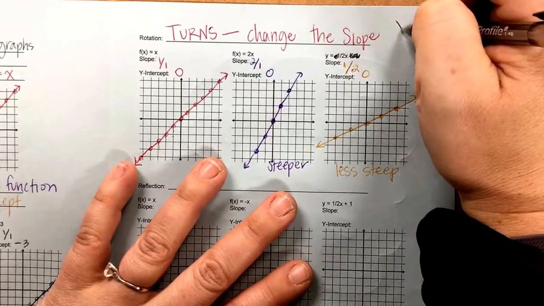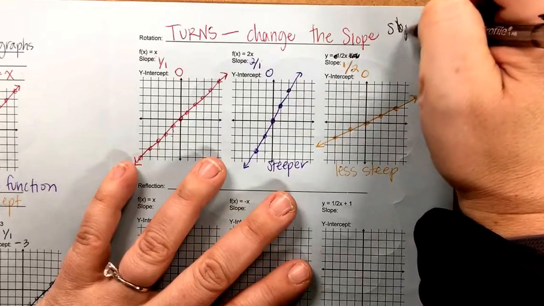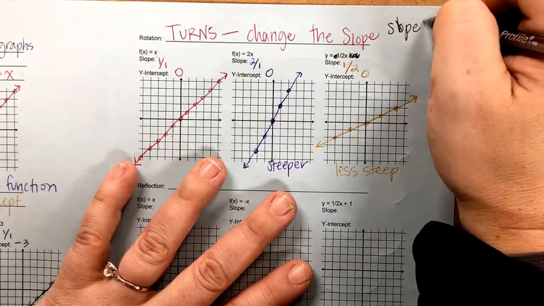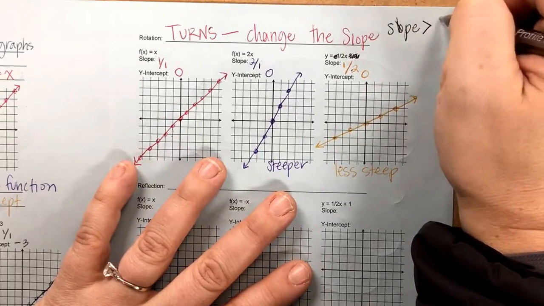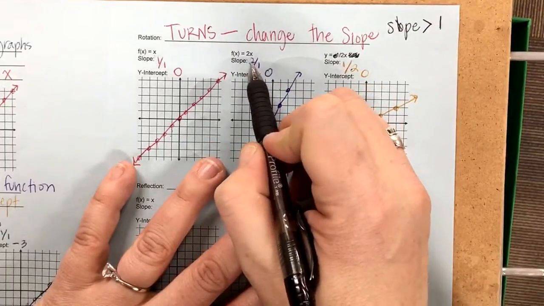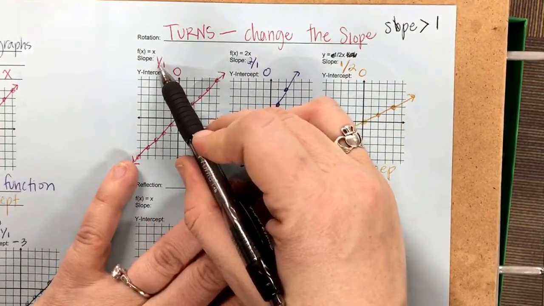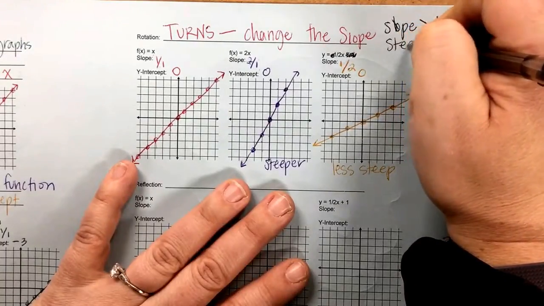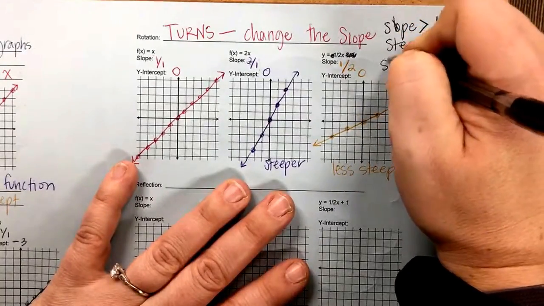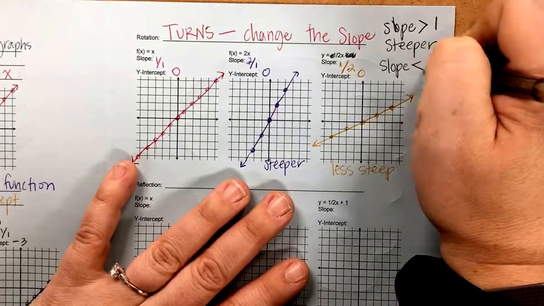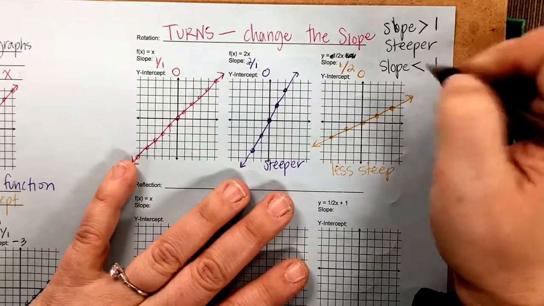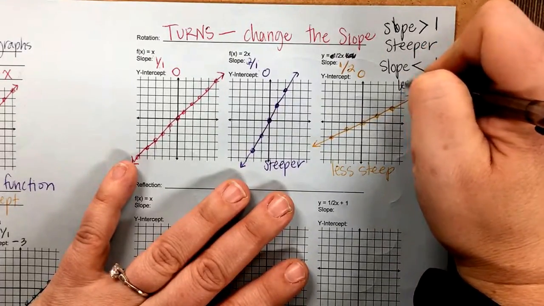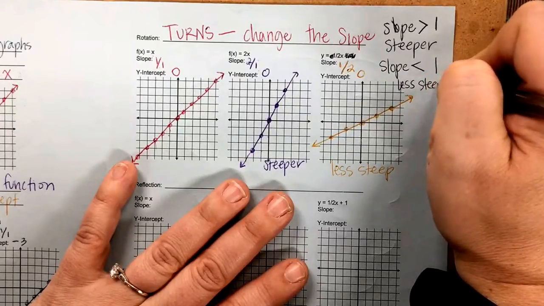If your slope is greater than 1, right? So 2. Right, here's your slope of 1. Slope of 2, it's going to be steeper. If your slope is less than 1, it's going to be less steep.